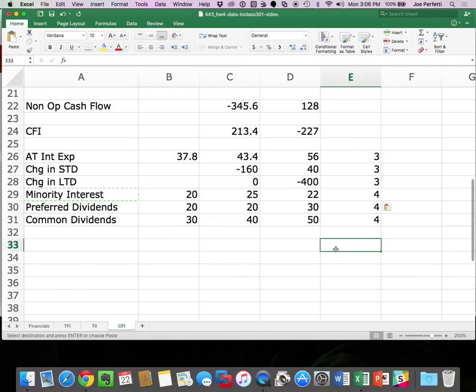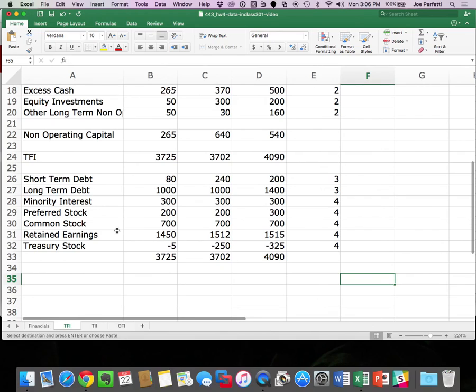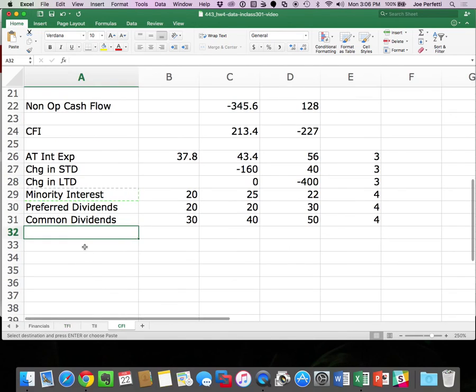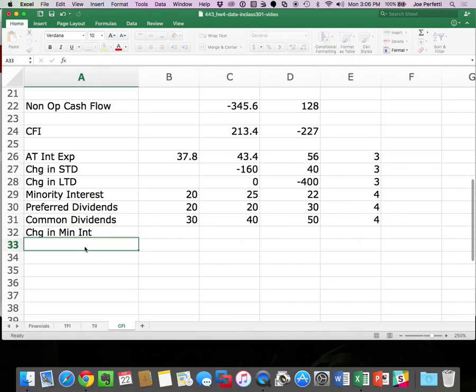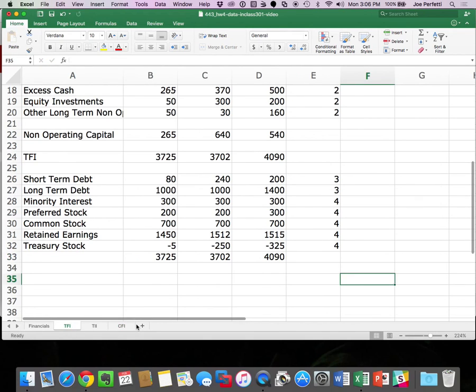Okay. Then I have, go back to this, change in minority interest. Change in common stock. What else do we have here? Change in preferred.